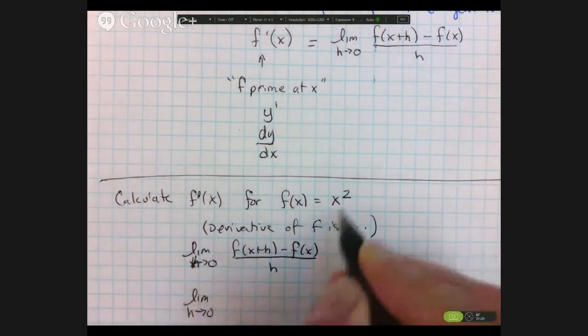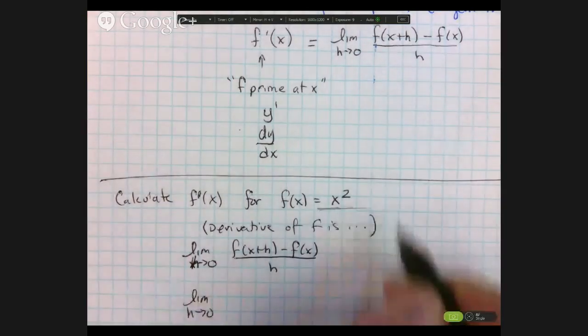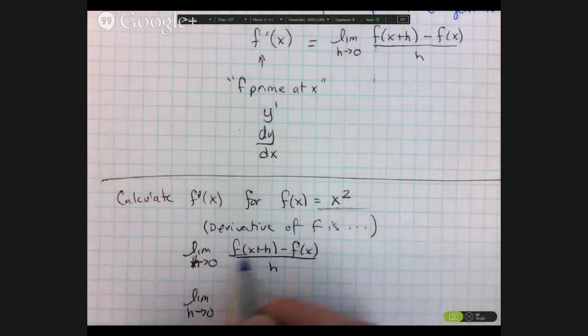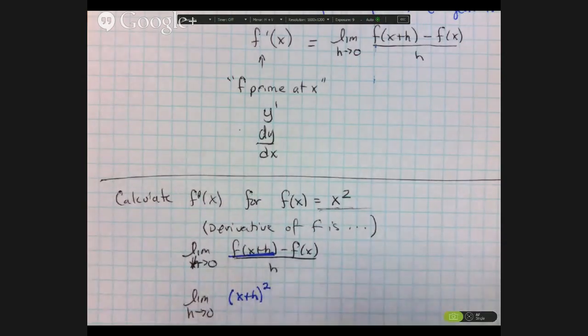Okay, so now I'm going to use x squared in here, right? That's my function. What is f of x plus h? I plug x plus h in for x, right? You with me?